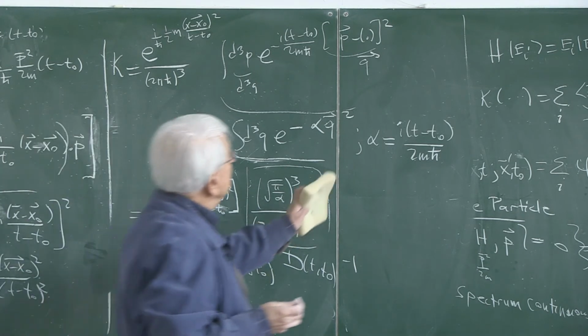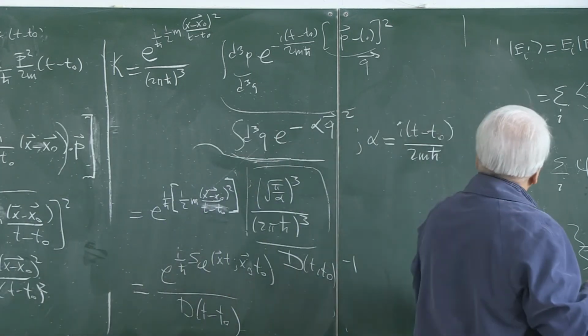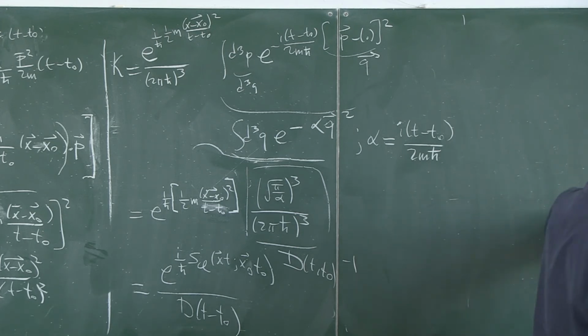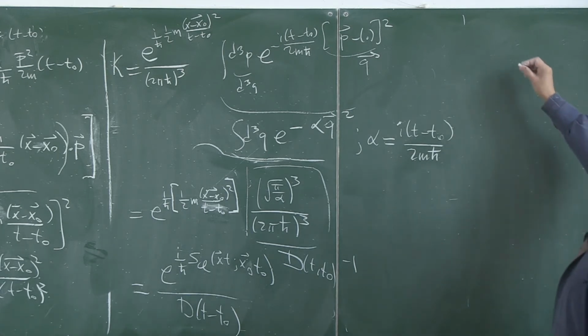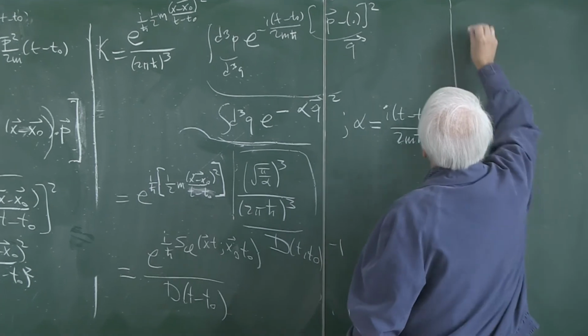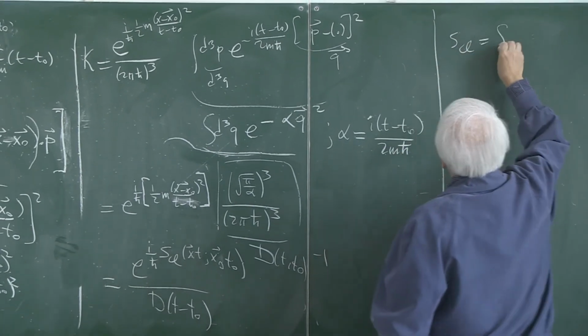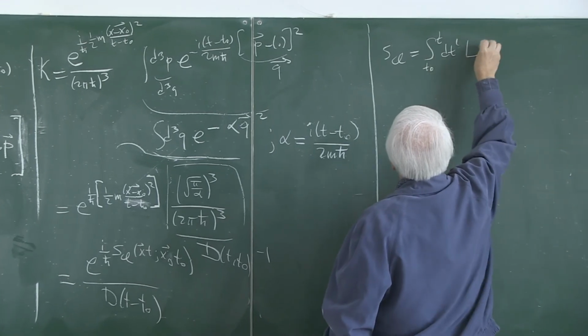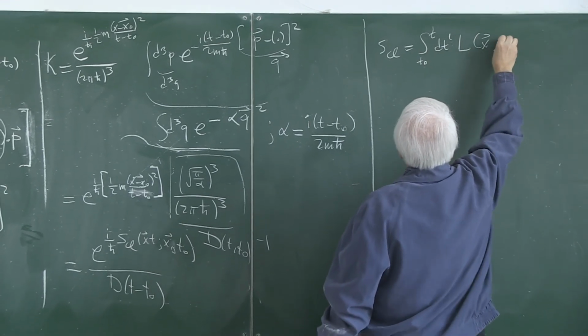Let me work it out explicitly now. First, let me demonstrate that the exponent really contains the classical action, or the time integral of the classical Lagrangian from t0 to t. And second, what is that D? So the first step is, what is S classical, the integral from t0 to t of dt prime L of x and x dot?